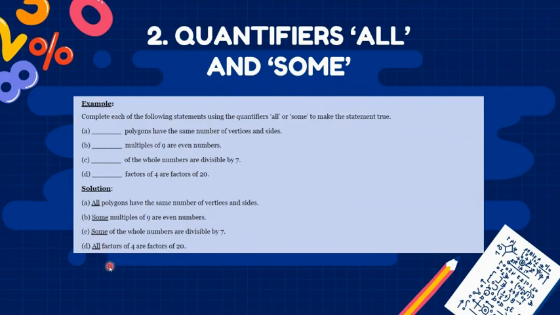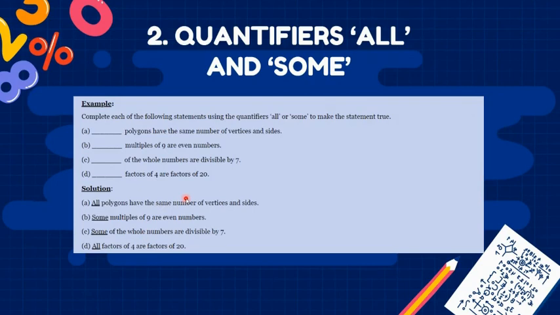So it already shows that all of the factors of 4 are factors of 20. So for this one, the quantifier we can use is all, because all of the factors of 4 are factors of 20, and this will make the statement true. Alright, I hope you guys can get the answer.